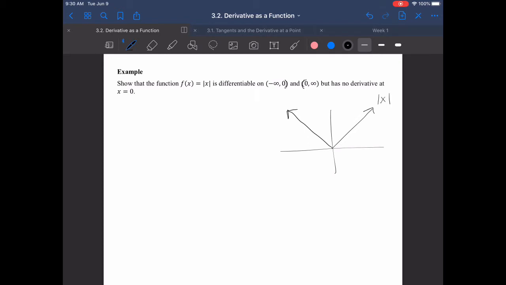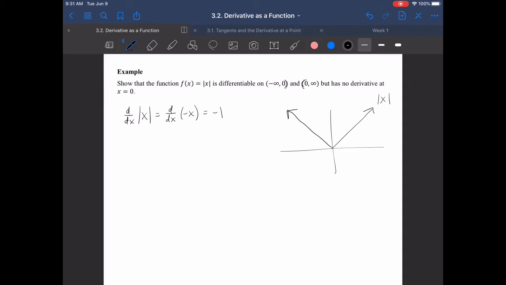If we want to take the derivative of the absolute value of x, the first thing we can do is the derivative on the negative side. That's going to be the derivative of negative x. If you do the whole thing out, you're going to find this just equals -1. In fact, you don't even have to do the whole thing out because it's simply the slope of the graph.